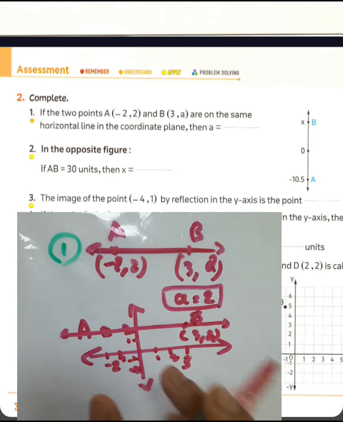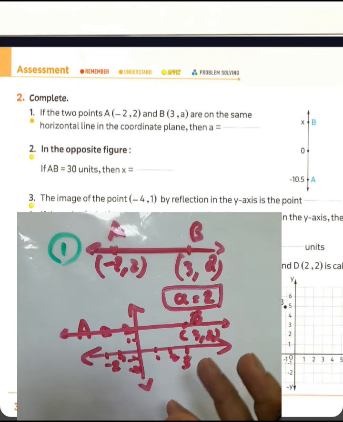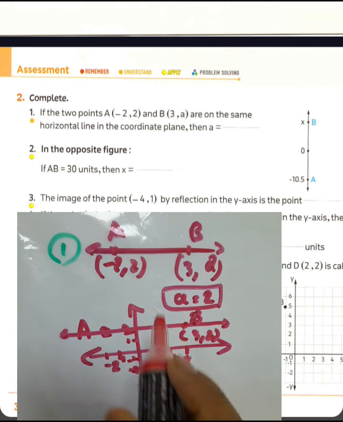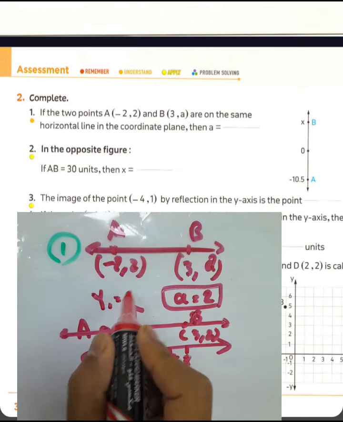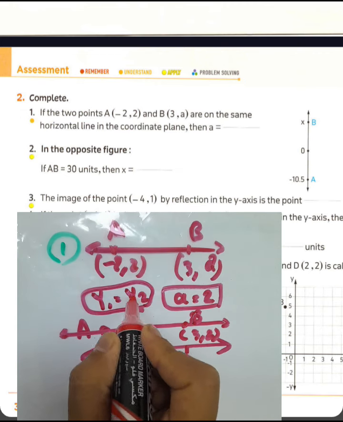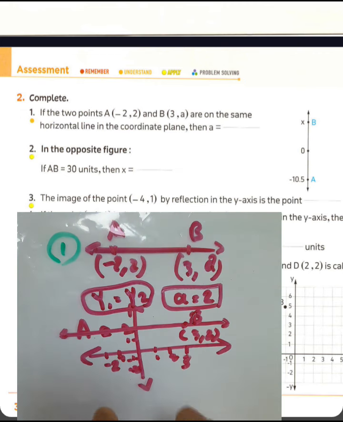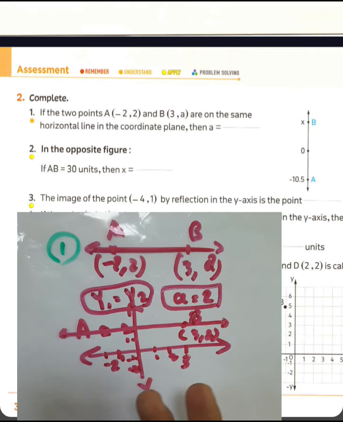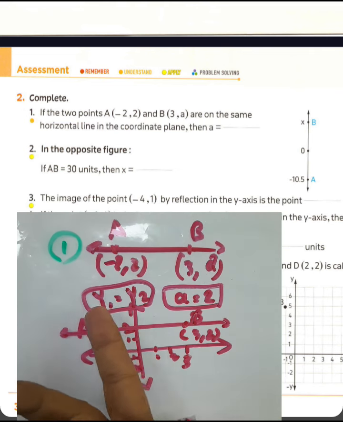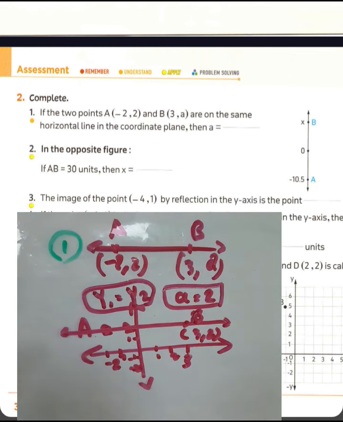If he tells us in the example that the two points A and B are on the same horizontal line, it means y1 equals y2.